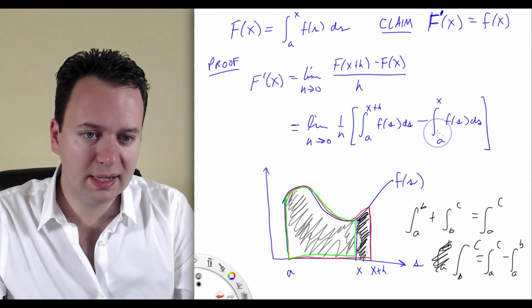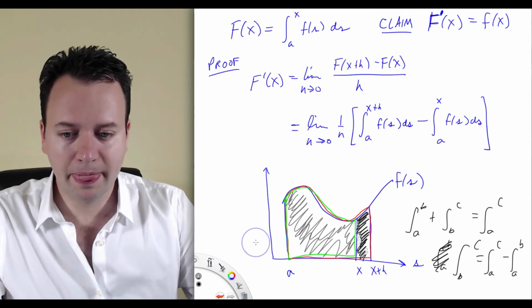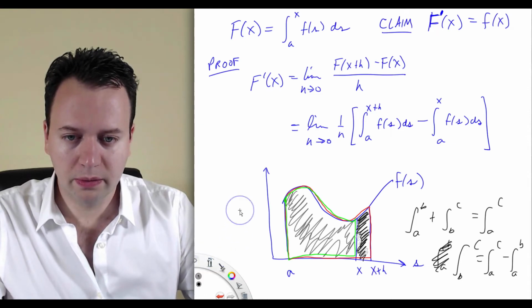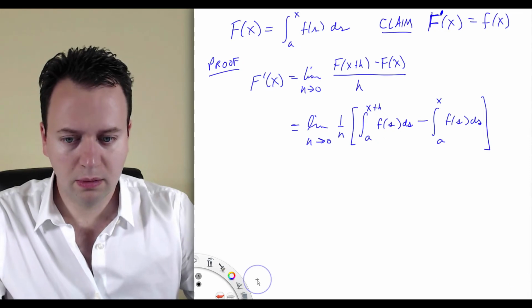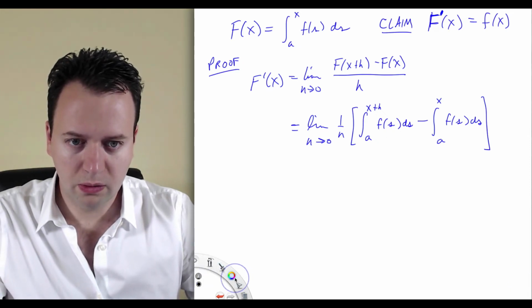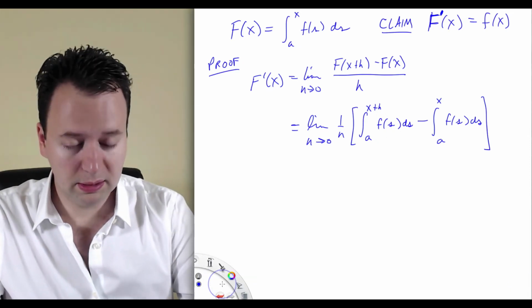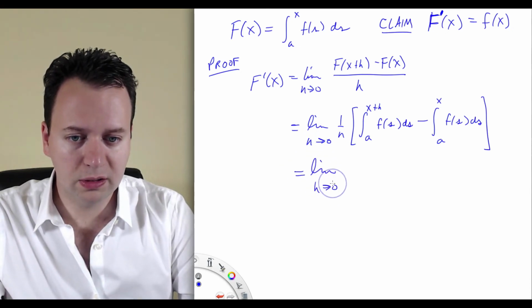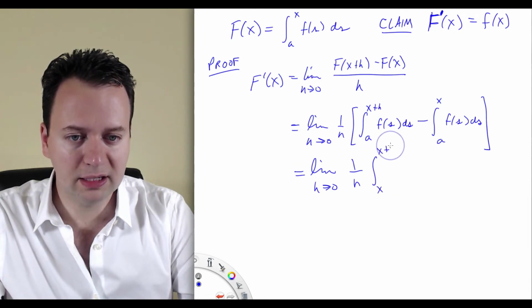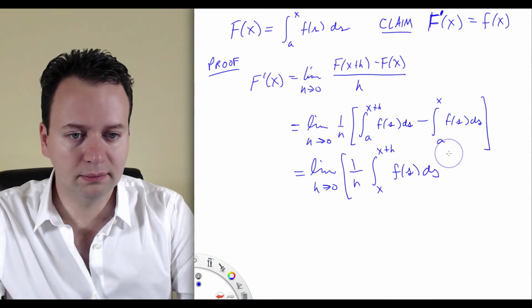Integral from a to c minus the integral from a to b is just the integral from b to c. So what we can do now in simplifying this is to say it's equal to the limit as h goes to 0 of 1 over h times the integral from x to x plus h of little f of s ds.